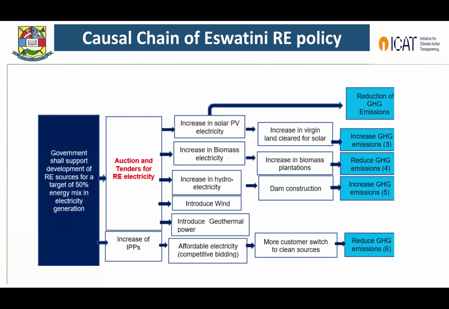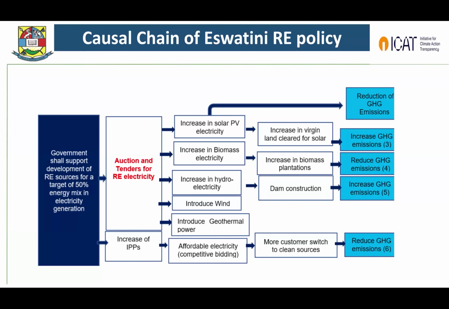So that is why you have the blue arrow there to the blue box, which is the reduction of GHG emissions. And then for the different technologies, for example, in solar PV, you will sometimes be clearing virgin land to install the solars. So that will have an impact, which will be an increase in GHG emissions, because you are clearing virgin land.